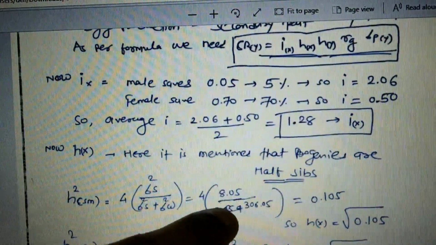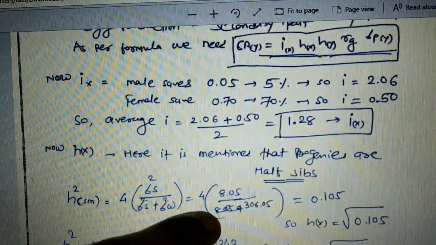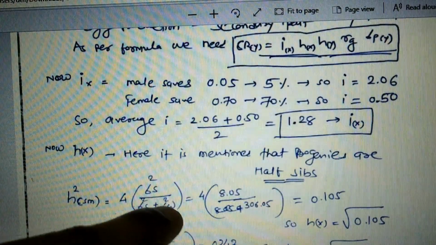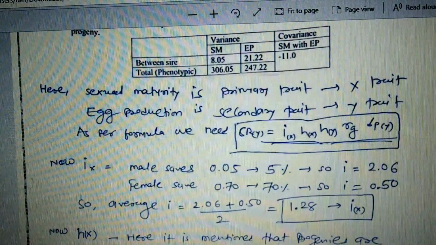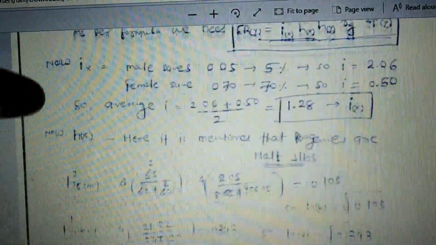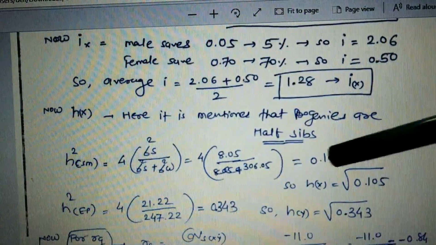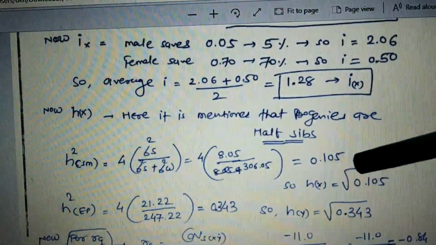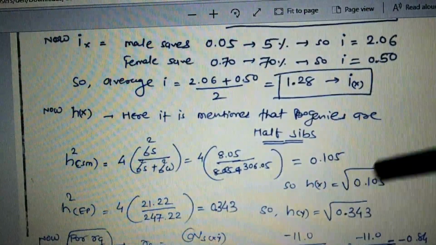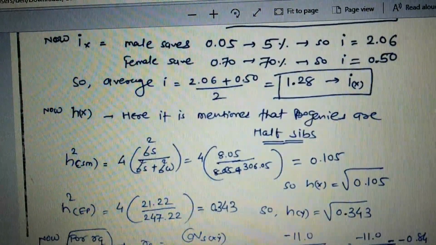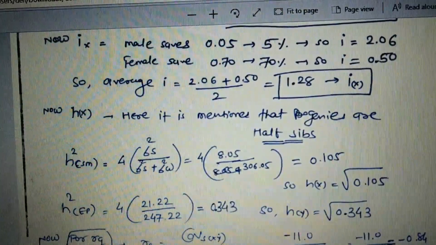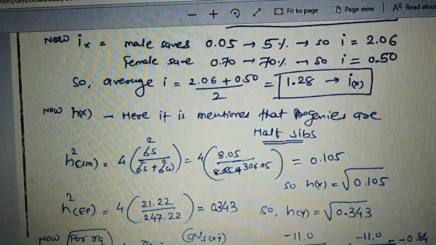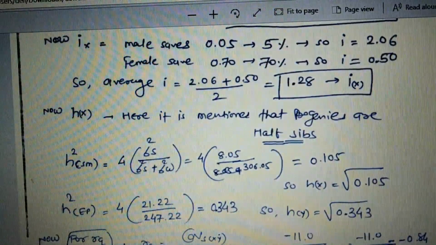But here there is no need to estimate this variance W. So 8.05 divided by variance S plus variance W, that is the total, which is available: 306.05. So we get the heritability 0.105. We need the square root of the heritability value, so it is the square root of 0.105.